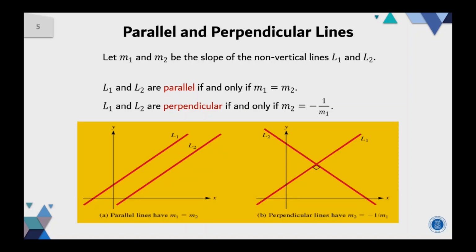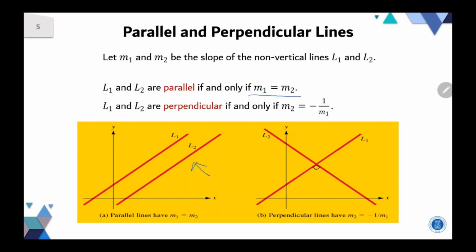The figure on the left shows two parallel lines, and this happens when the slopes of the two lines are the same.